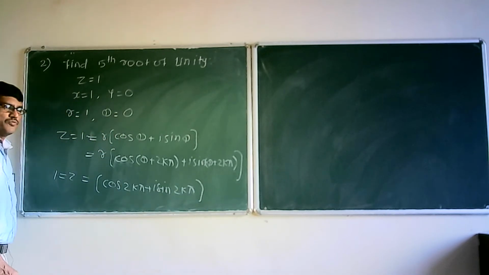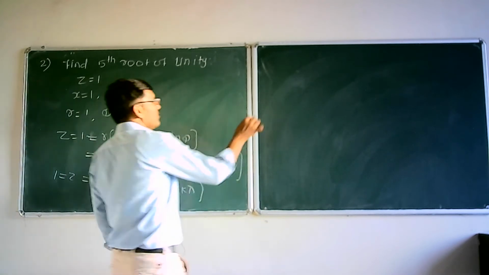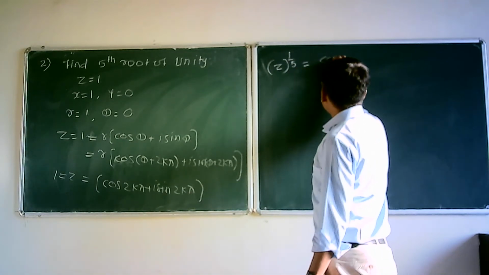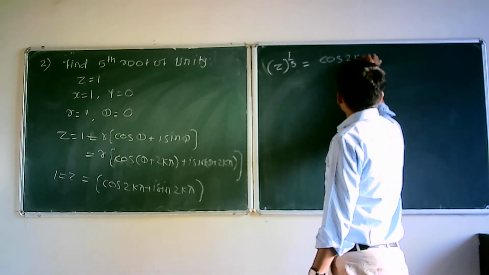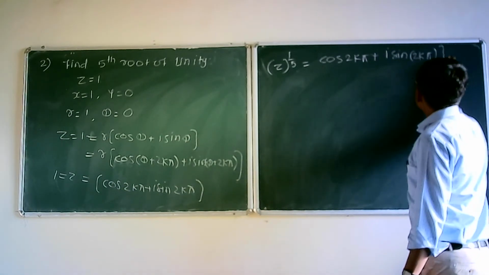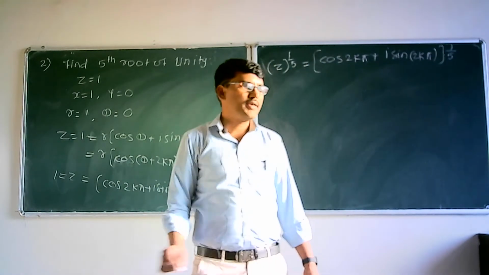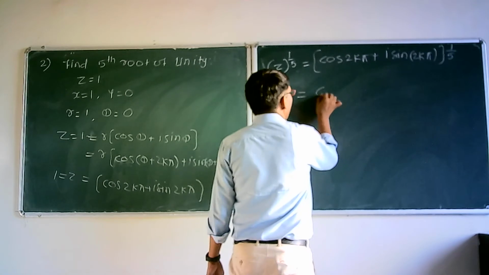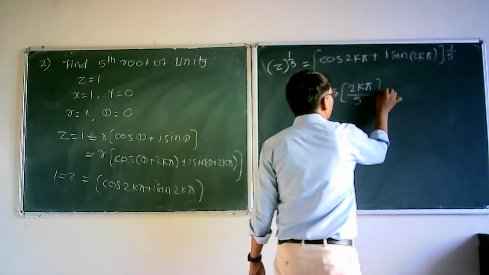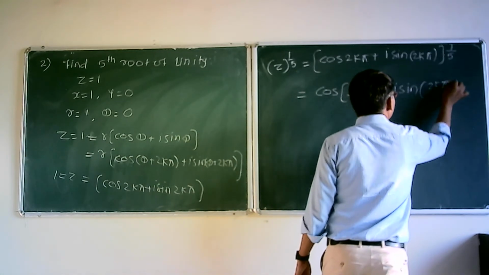Since here theta is 0 and r is 1, z raised to 1 by 5 is equal to cos 2k pi plus i times sin 2k pi, raised to 1 by 5. So by using De Moivre's theorem, this is cos 2k pi divided by 5 plus i times sin 2k pi divided by 5.